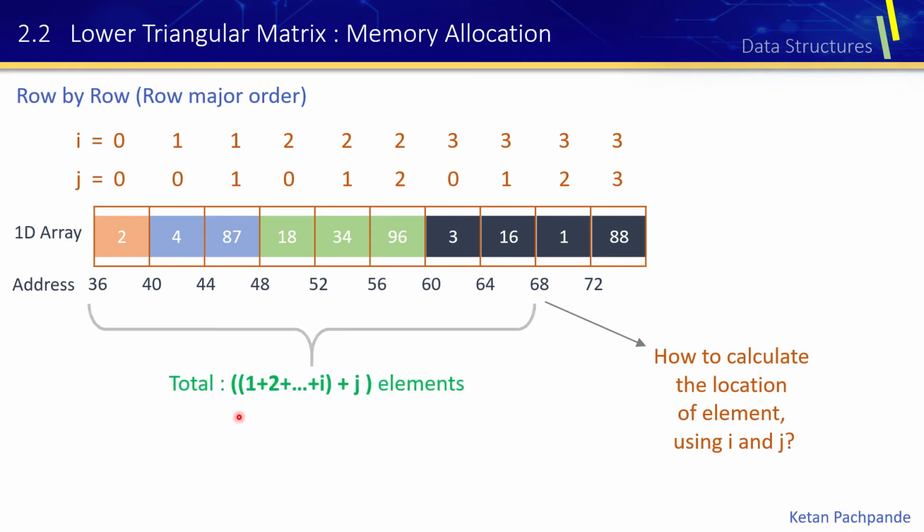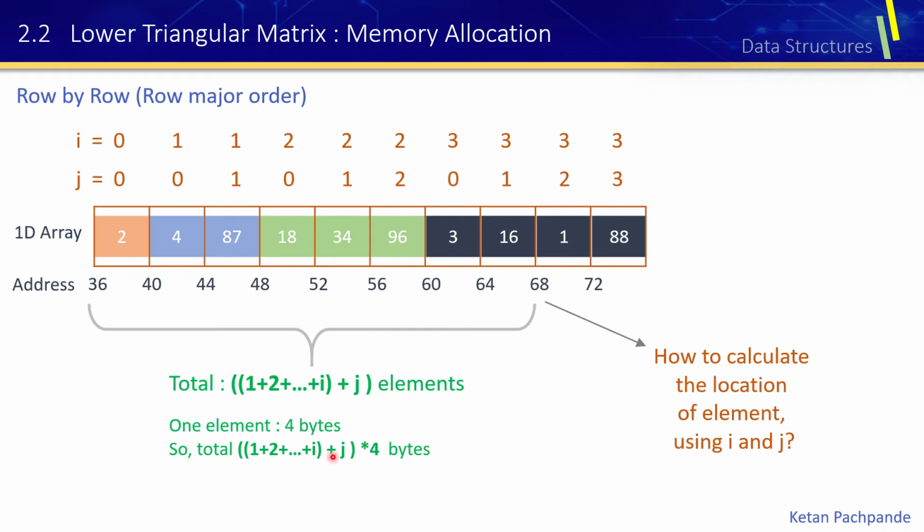So in total, it is 1 plus 2 plus up to i, plus this j elements in that row. Considering one element takes 4 bytes, how many bytes have been covered so far before this particular element?